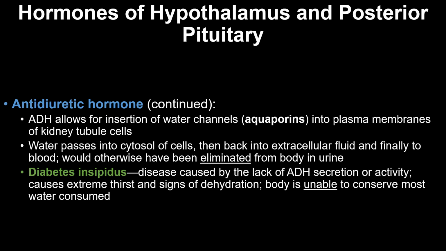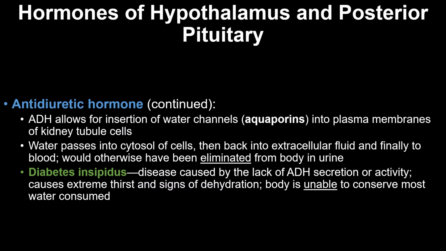Now, the primary function of ADH is to increase the amount of water retained by the kidneys. This function is really apparent from its name. A diuretic is a chemical that increases urine production, which decreases the amount of water in the body. And so an antidiuretic has the opposite effect. It decreases urine production by increasing the amount of water retained by the body.